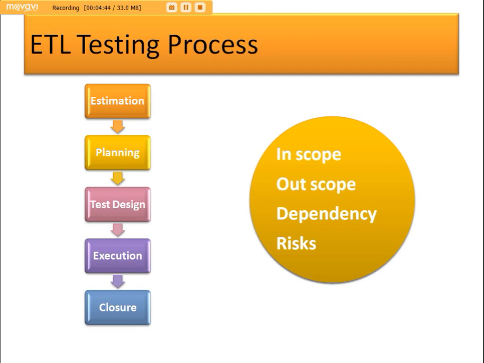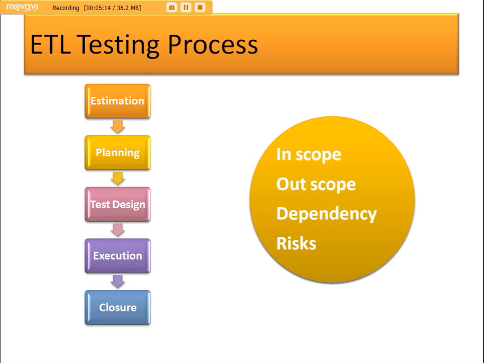Let's take an example where you are in a project where they are moving the data from source to staging and staging to data warehouse, and from the data warehouse they are taking data to reports and creating web services where data will be pulled from the data warehouse. But your scope would be only staging to data warehouse validation.